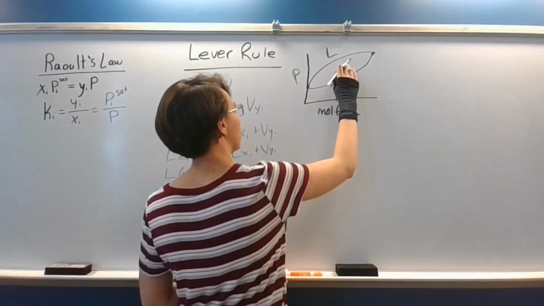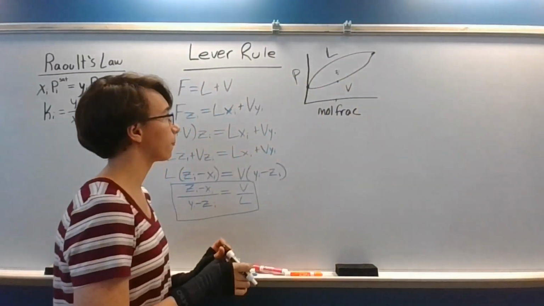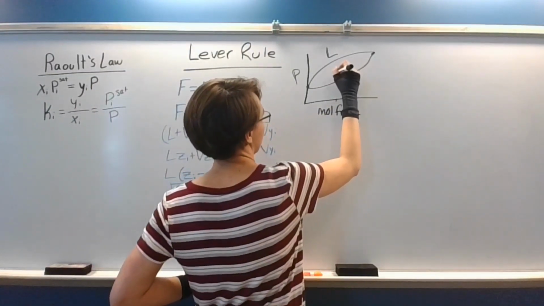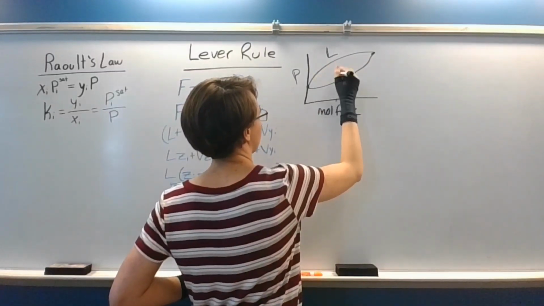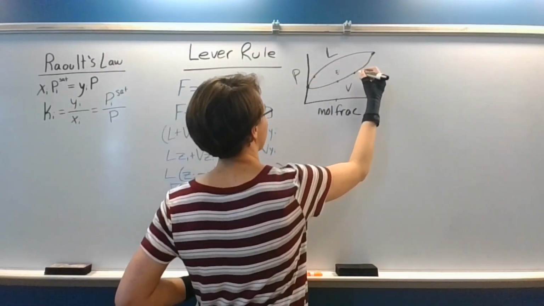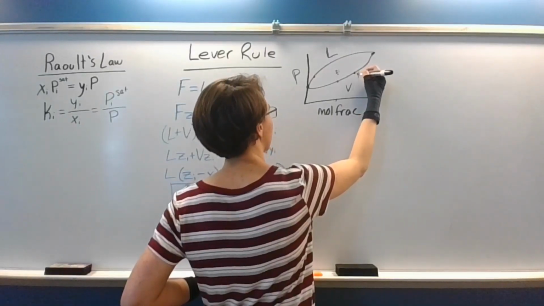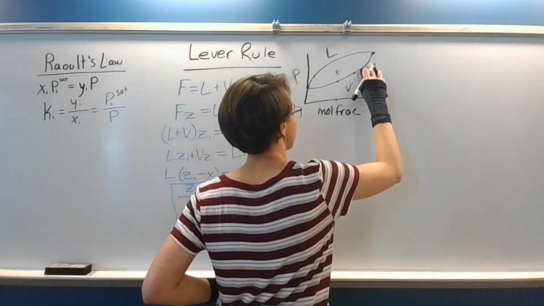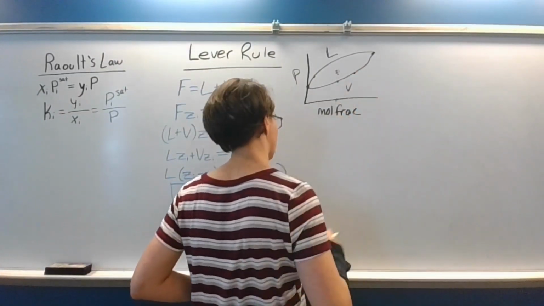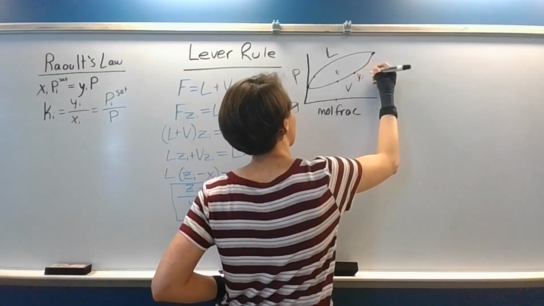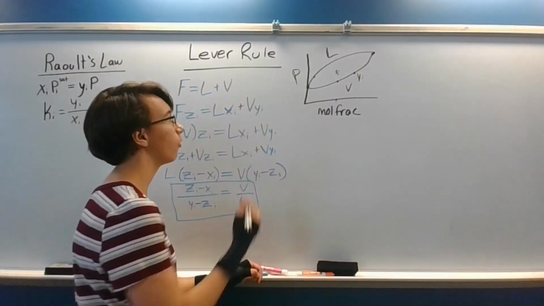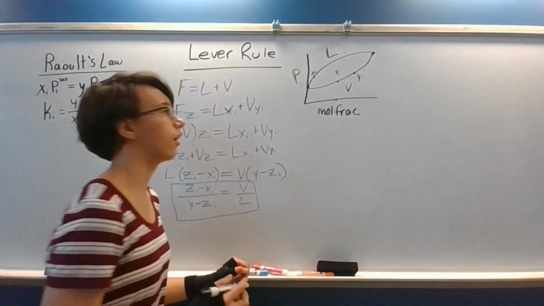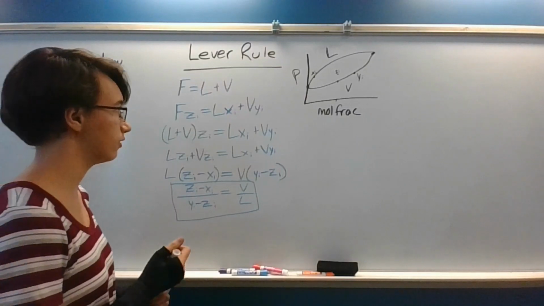that's Z1, or Zi. And then what these curves mean is that directly to the side over here, and directly to the side over here, this is going to be our mole fraction in the vapor phase, while this is going to be the mole fraction in the liquid phase.